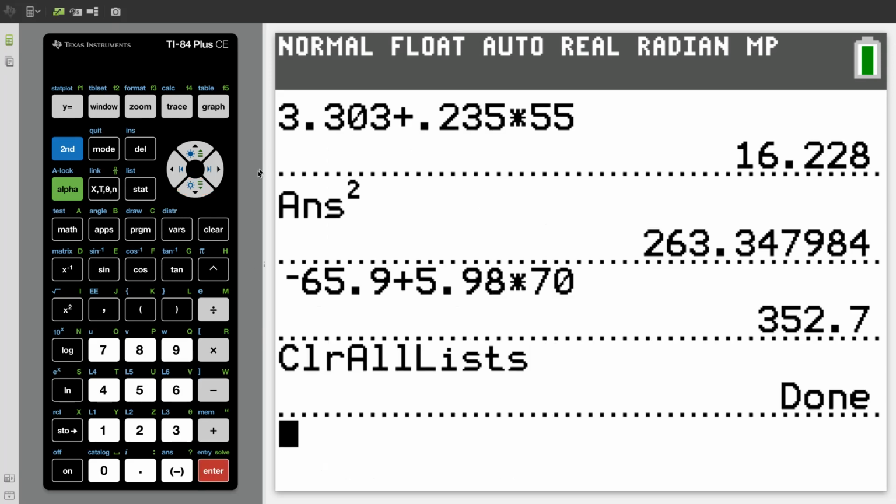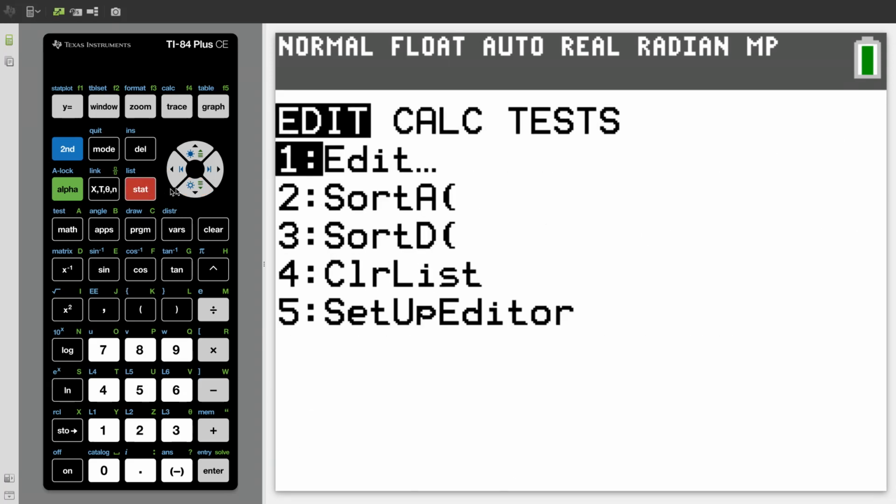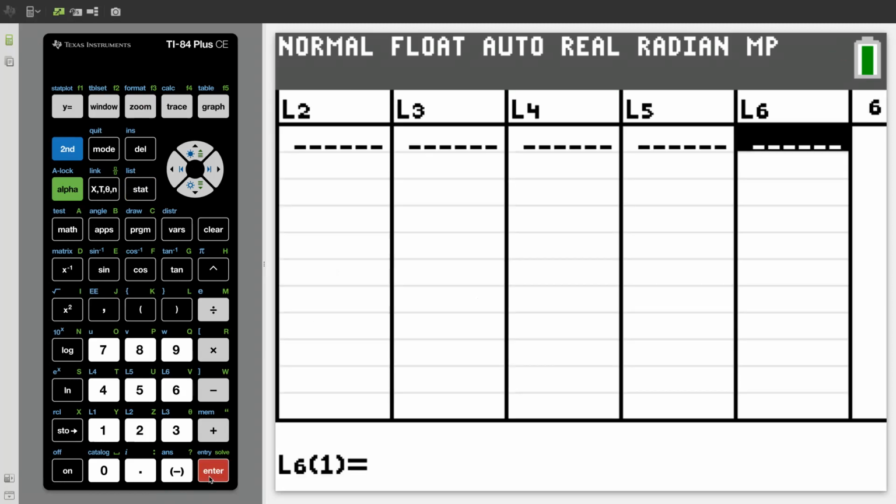Now when I go into stats and go to edit, check that out. Remember all those data points that were in there? They're not there now. I just cleared them all.